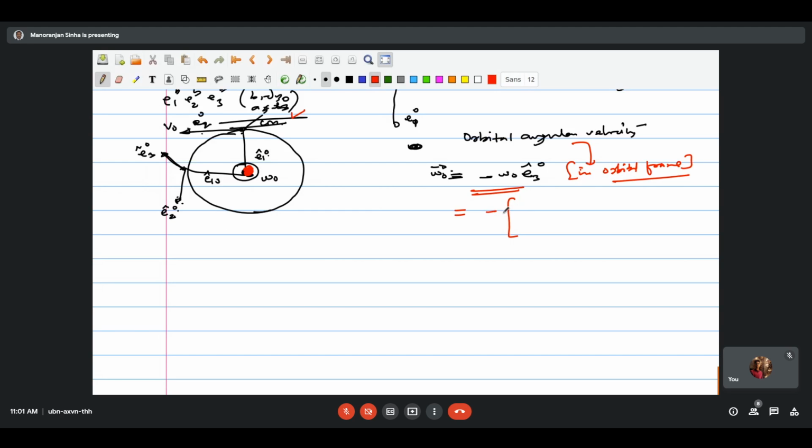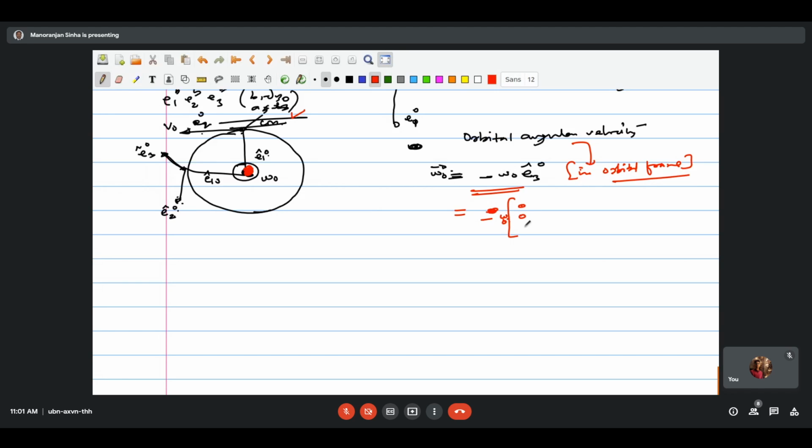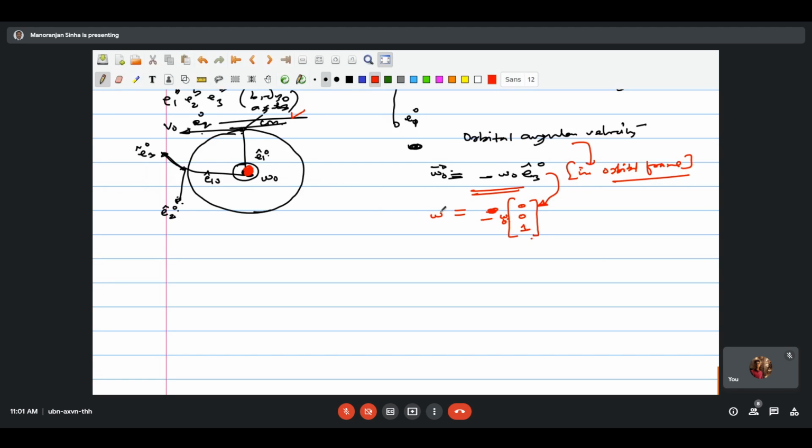From the orbital frame, you can convert to the body frame. So this part, let us rewrite this as minus sign omega 0 times 0, 0, 1. This is a unit vector, which is E cap 0, 3. In matrix notation, we can depict it in this way.